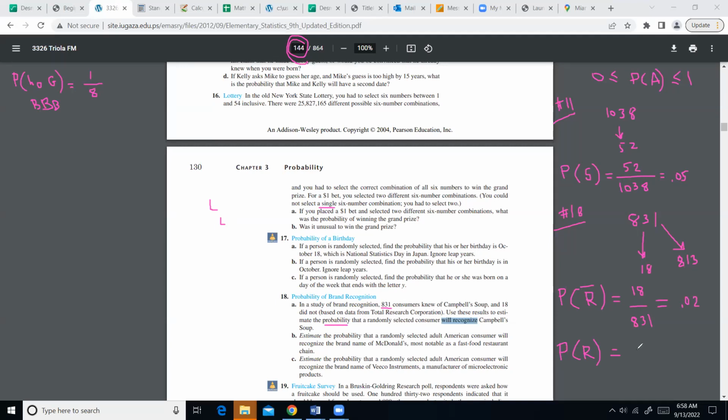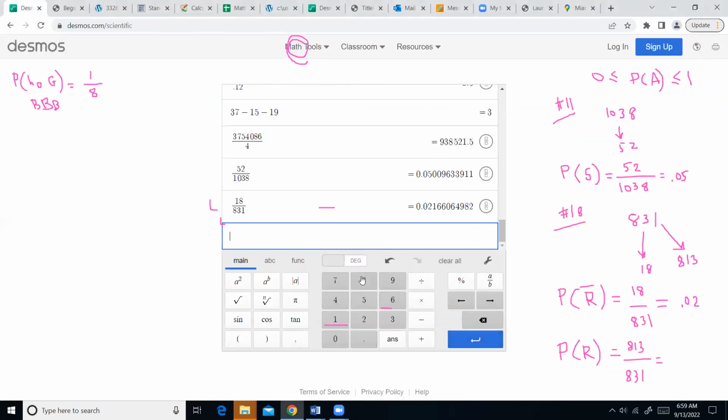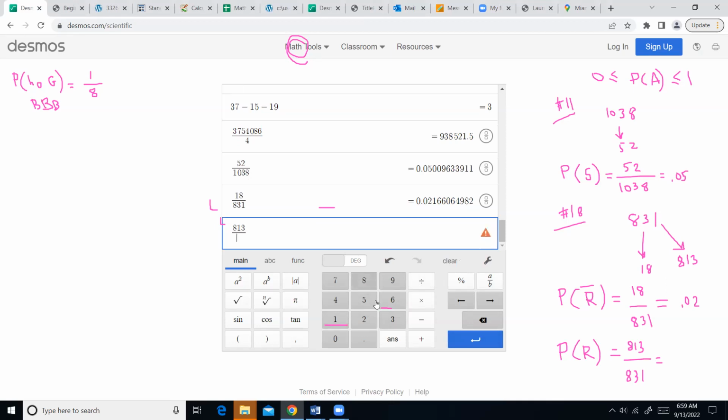Yeah, I think 813, right? So what we need to do is just get 813 out of 831, and this will be about the remaining 90-something percent. To be precise, we put this in a calculator, of course. So it's 813 divided by 831. So this is about 98% approximately. I can say about 98% if I round it to the nearest percent.